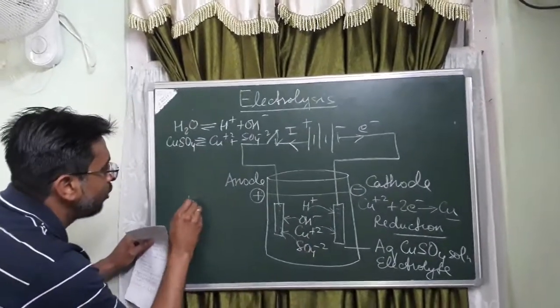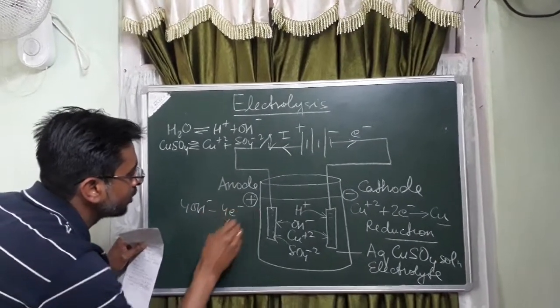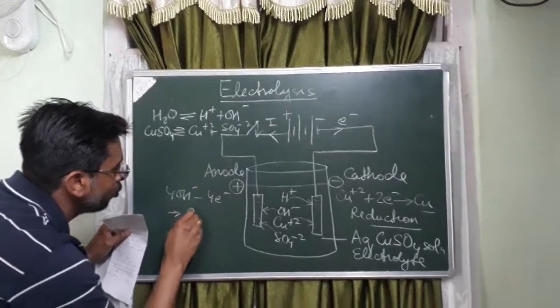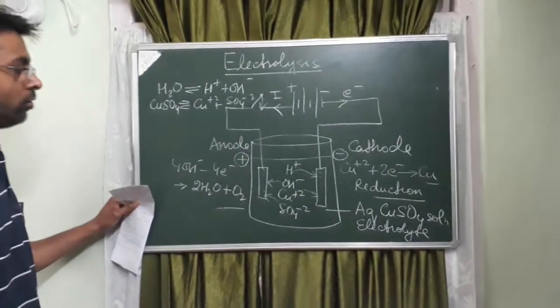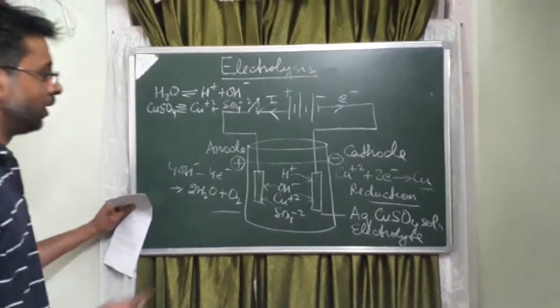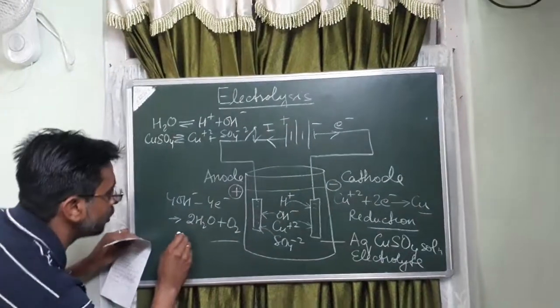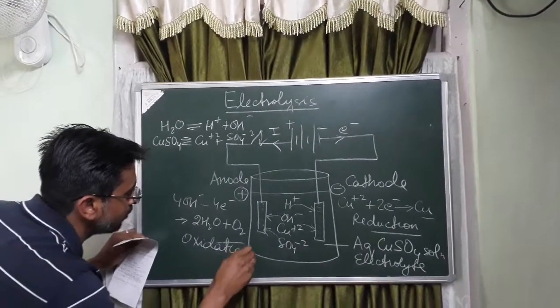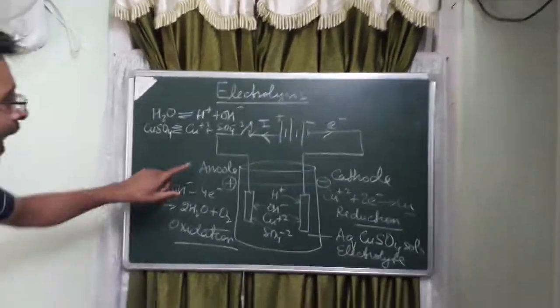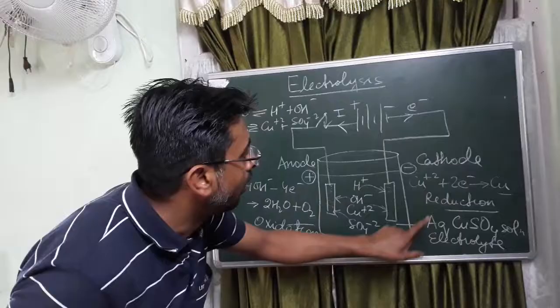Therefore, 4 hydroxyl ions will lose 4 electrons and form 2 water molecules and 1 oxygen gas molecule. So at the anode there is loss of 4 electrons. Loss of electrons means oxidation. So my dear students, it is very important to understand that at the anode oxidation happens and at the cathode reduction happens.